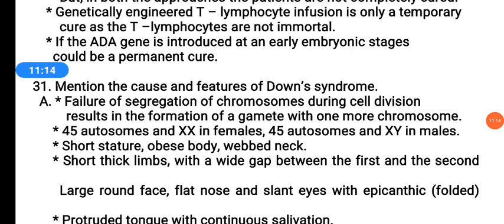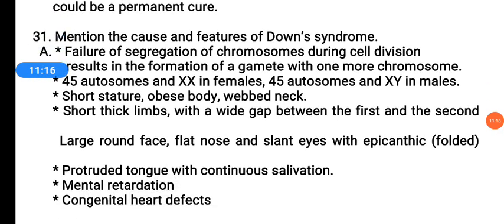Large round face. Flat nose, slant eyes with epicanthic fold. So eyes are very slant and also folded in nature. Protruded tongue, that means the tongue always comes forward. Continuous salivation, they release saliva. Mental retardation and congenital heart disease. By birth itself, we are going to see the heart defects.